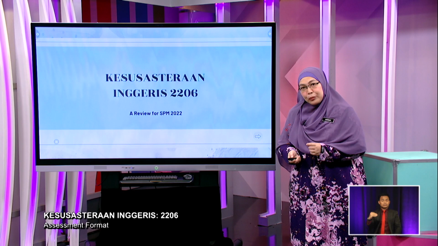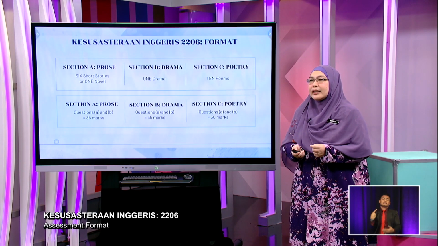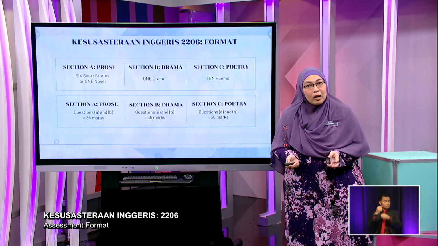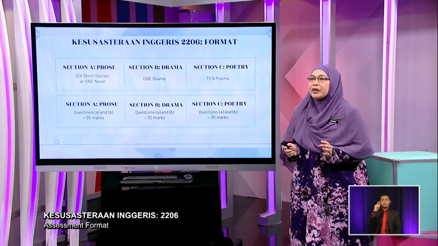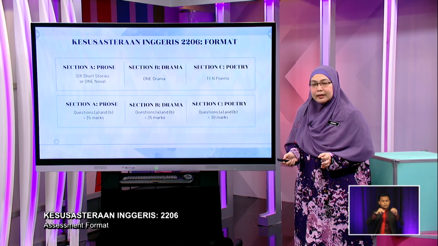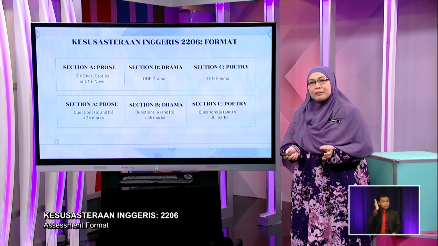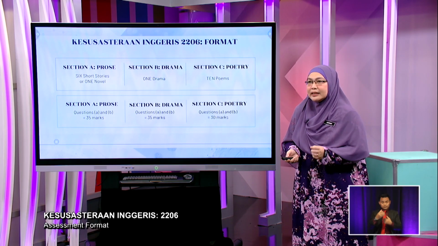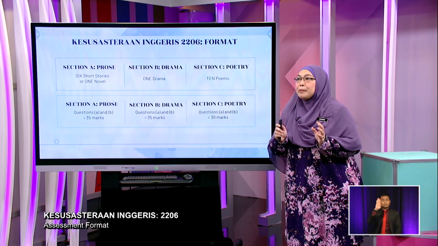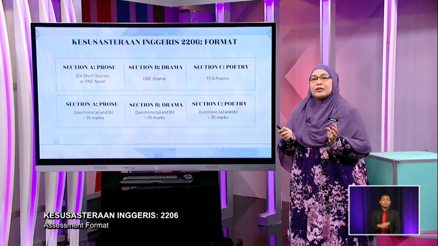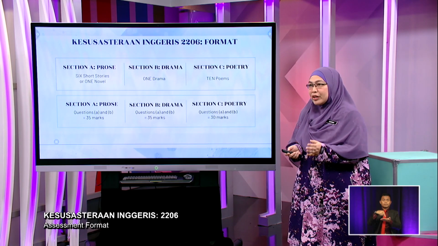All right. To begin with, let's take a quick look at what the format of the paper is. So pupils should know this already so well, I'm sure. They have already prepared themselves to answer section A, B and C. So the paper itself is made up of 3 sections.